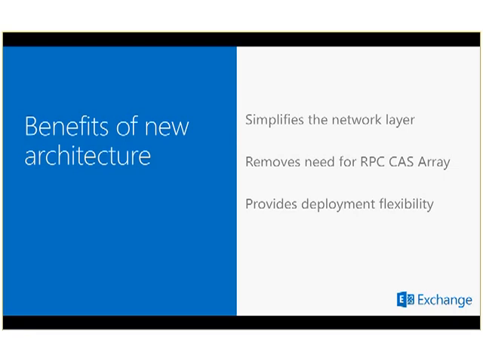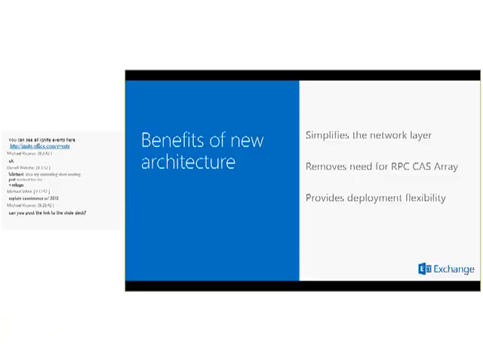And our deployment flexibility goes up greatly. There's a lot of work that we're doing in future updates of 2013 to make sure that when you're doing, let's say, cumulative update installs, it doesn't matter as much if we update our mailbox first or our CAS first. This is some of the work that's gone into the infrastructure, so you don't have to worry about the old way of updating Exchange servers any longer.